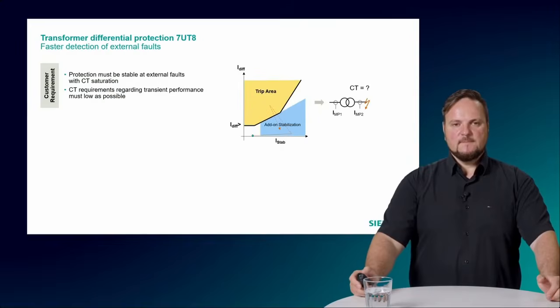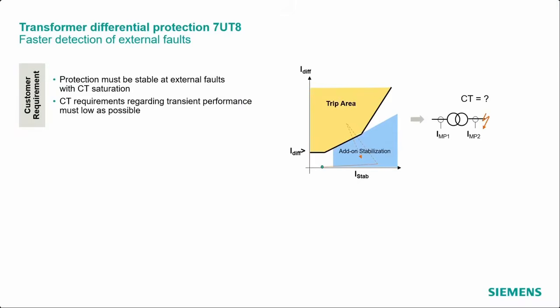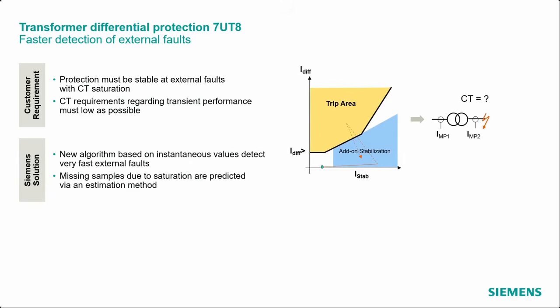We have also used the same implementation here from cProtect 4. That means our 7UT has a CT saturation detection, which we do with this add-on stabilization area. Due to the fact that the restraint current calculation is now changed in cProtect 5, we have the possibility to move the add-on stabilization more to the left side.